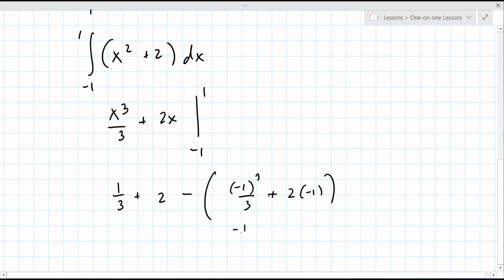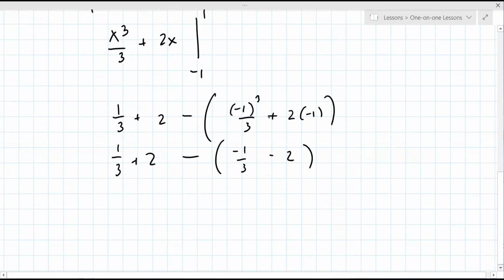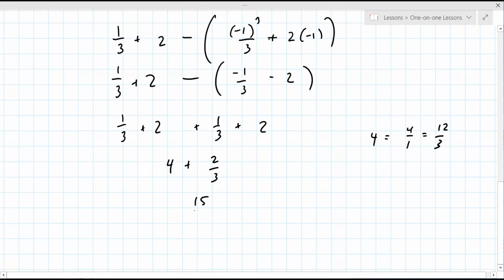So this becomes -1/3 minus 2, and then there's a negative on the outside. And so it becomes +1/3 plus 2. So 1/3 plus 2 plus 1/3 plus 2. 4 plus 2/3. 4 is really 12/3. So I believe it becomes 15/3.